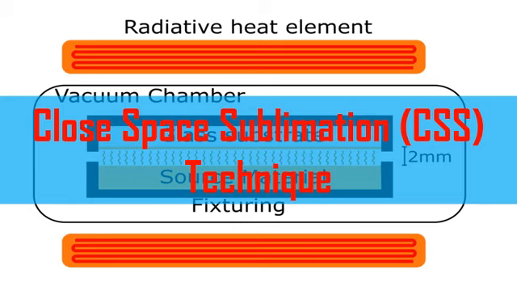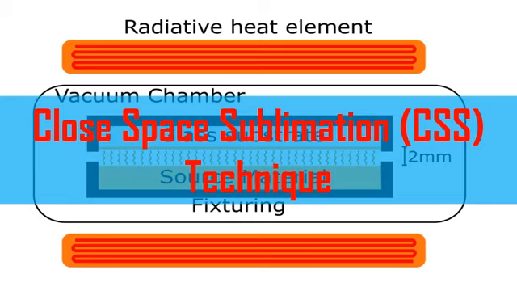Both the low vacuum pressure and the higher or normal pressure have pros and cons, and I will discuss those in this lecture. In simple words, close space sublimation is the simplest physical vapor deposition process through which we can deposit thin film at a low temperature.